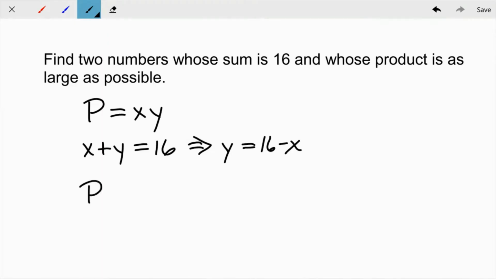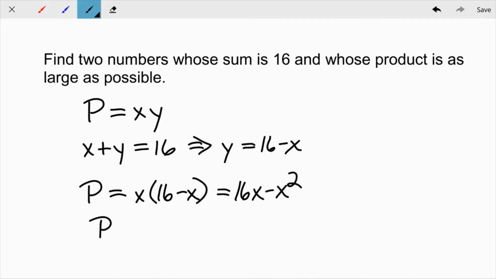That means my product function is the same as x times 16 minus x, and that's the same as 16x minus x squared. And now I can take the derivative, which would be 16 minus 2x. I can set that equal to 0, and I get x is equal to 8.